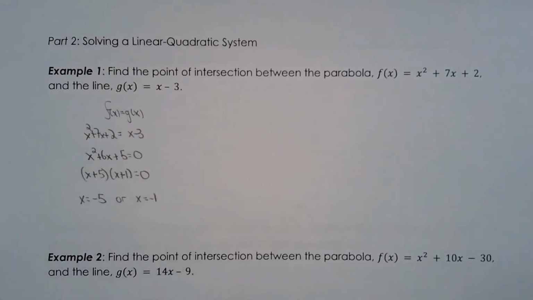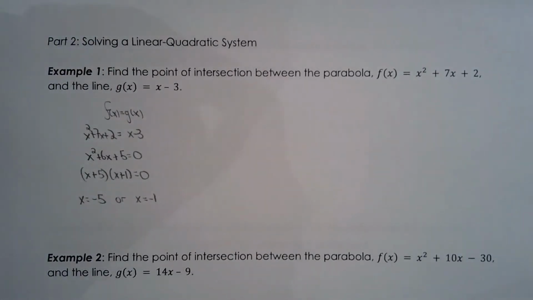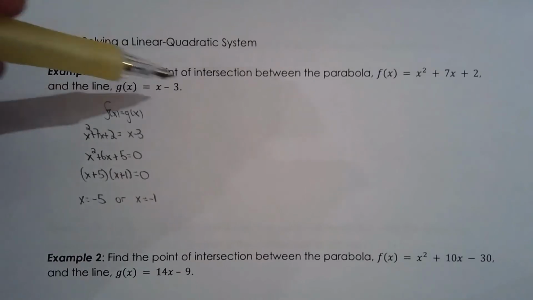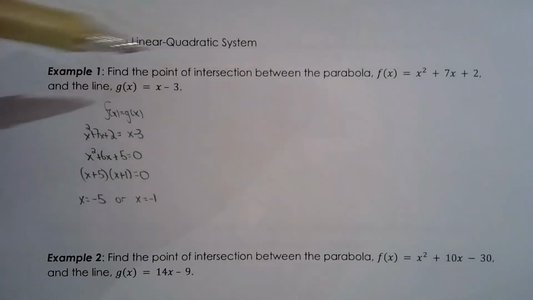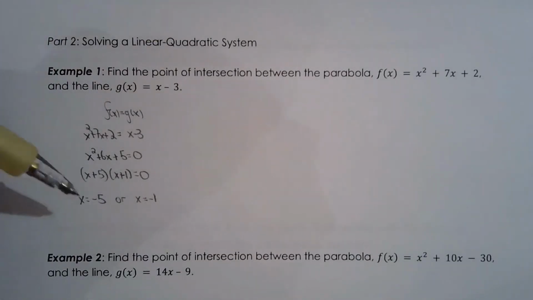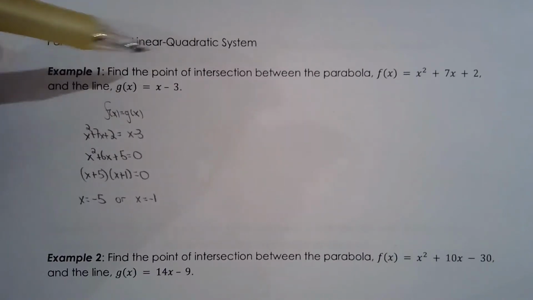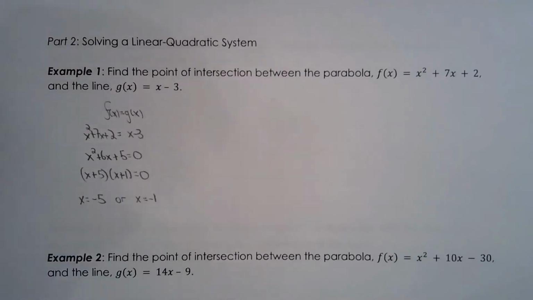All right, so x is -5 or -1, which means the x-coordinates for the points of intersection between the line and the parabola are -5 and -1. But having the x-coordinates is great, I also want to find the y-coordinates. To find the y-coordinate, you can use the parabola or the line, but I'm going to use the equation of the line because it's simpler.